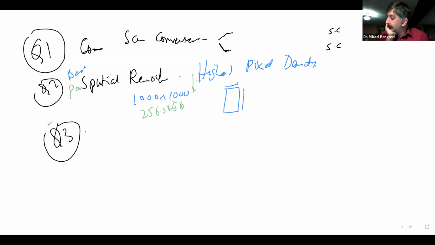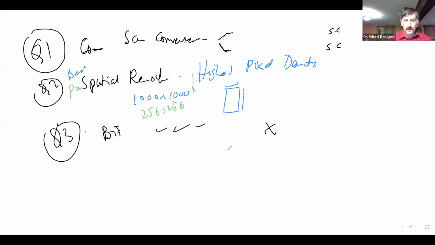Question number 3: which of these statements regarding a bit of computer memory is false? Three statements here are going to be true, and 1 is going to be false, and it's the false one that we are looking for.